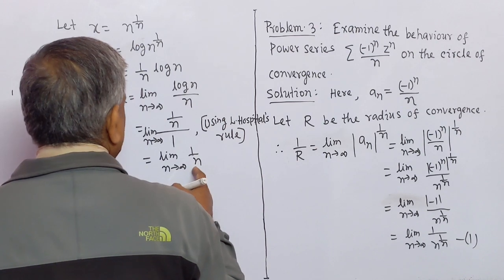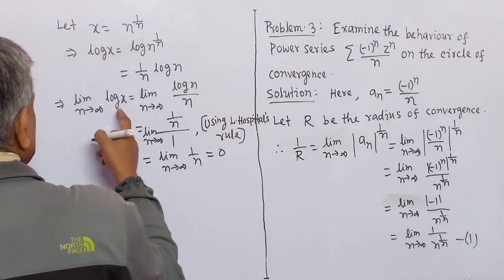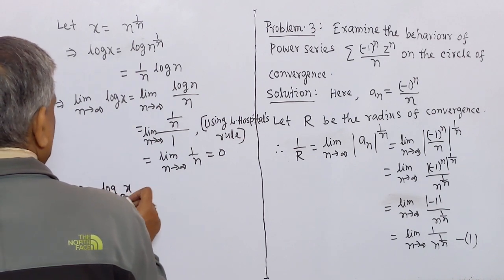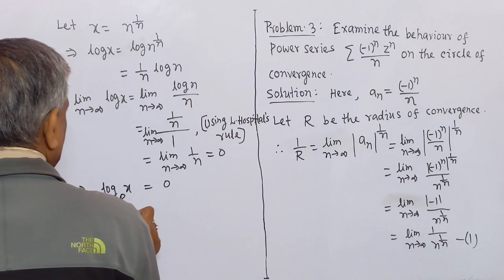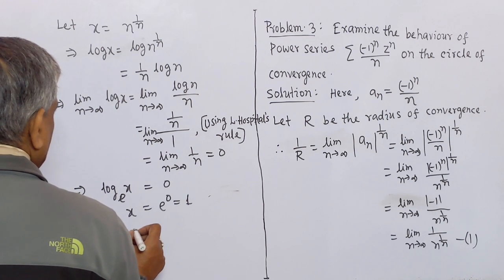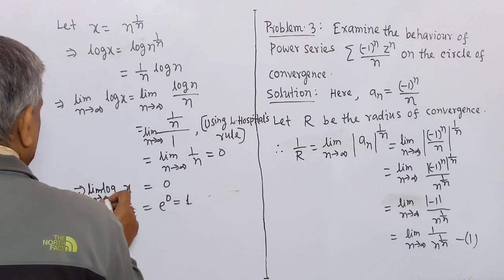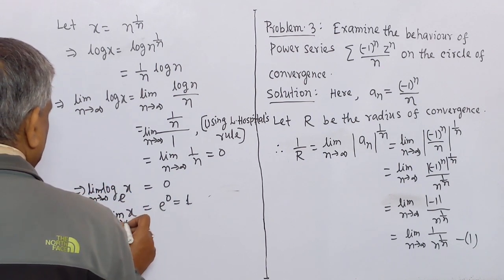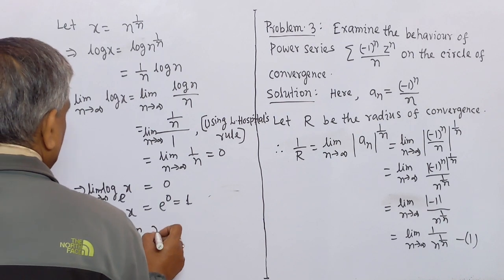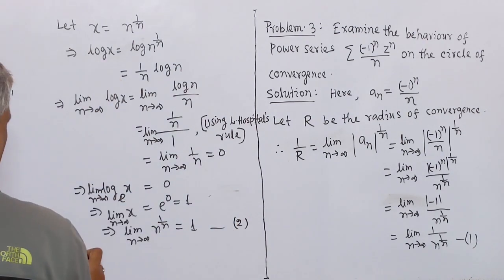If n is infinity, then this equals 0, which implies that log x equals 0, so x equals e to the power 0, which equals 1. Hence limit n tends to infinity x, that is n to the power 1 by n, equals 1. This is number 2.